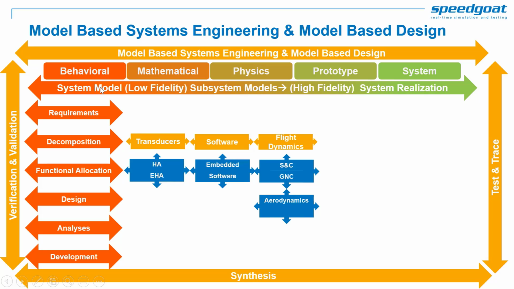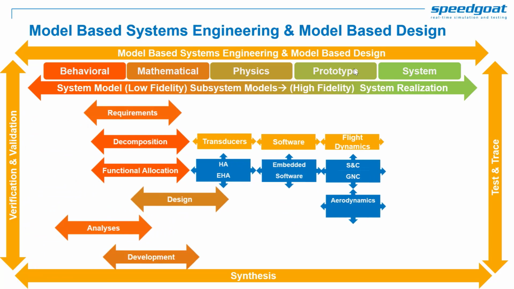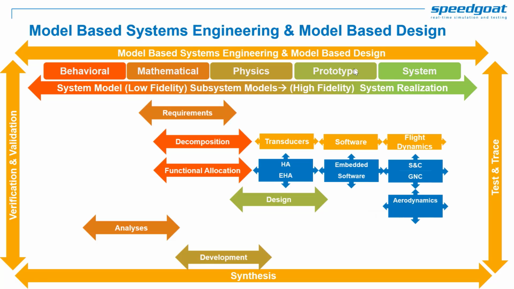But as the development cycle marches along in time, the maturity of the models increases by the addition of mathematics or physics, and then we use these higher fidelity models to drive the decisions of the prototyping and development phases, whether it's hardware or even complex software systems, so that we can realize a fully mature system in the design cycle.